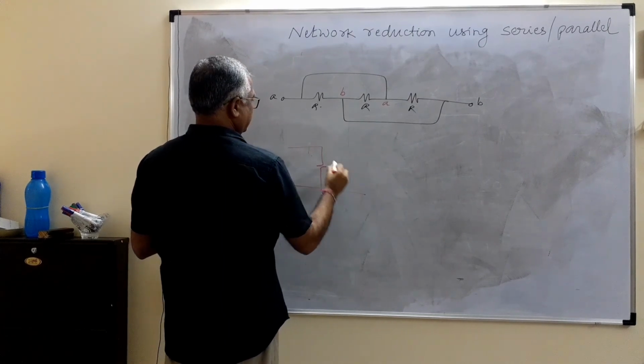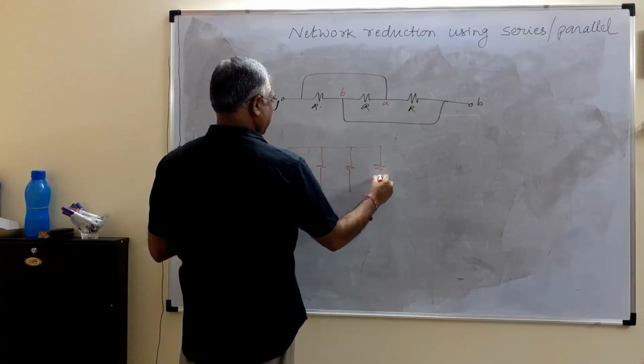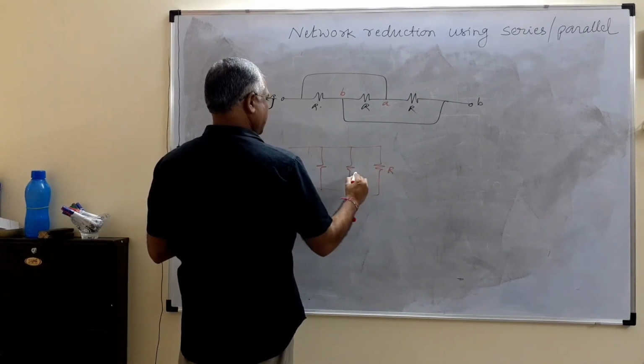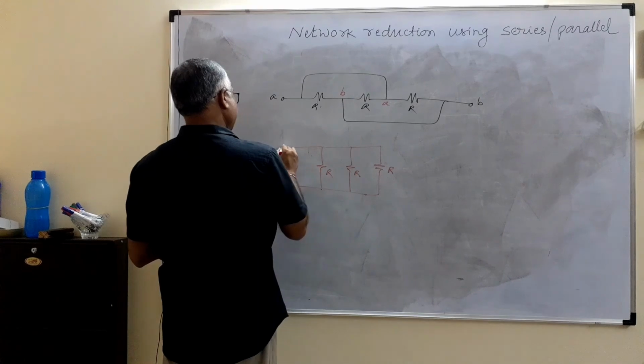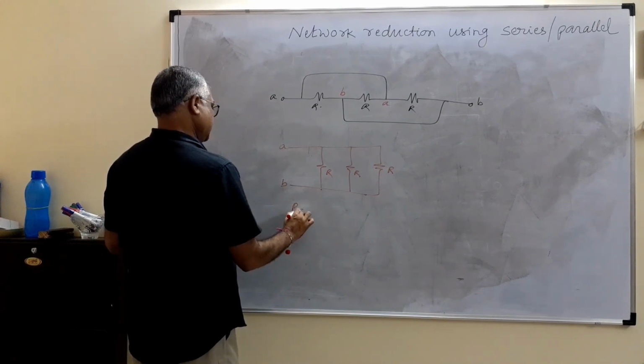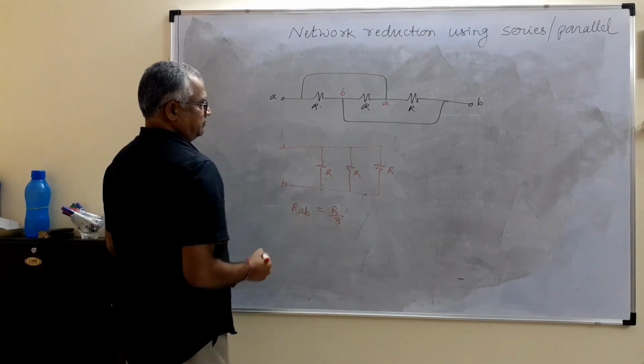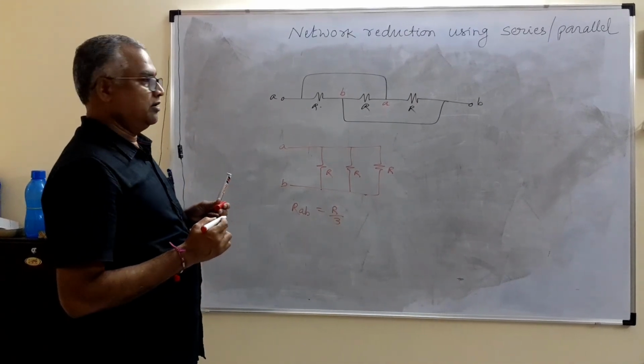That means 3 resistors connected across AB. So what is RAB in this? Simply R by 3.